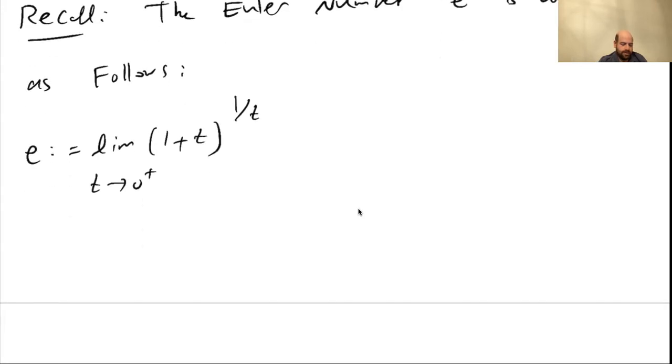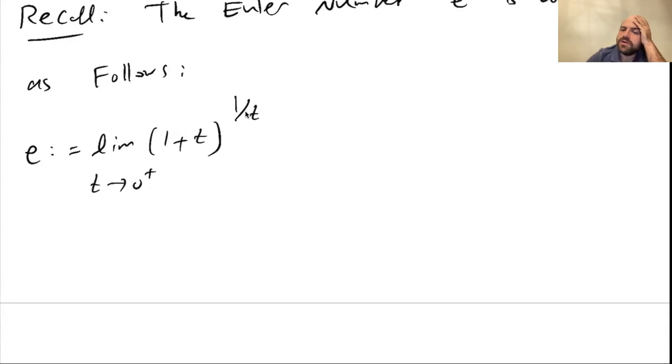For example, if you want to look at the right-hand side, if t goes to 0, the base will go to 1 and the power will go to infinity. So 1 to power infinity, many people think that it's 1, but 1 to power infinity is one of the indeterminate forms.